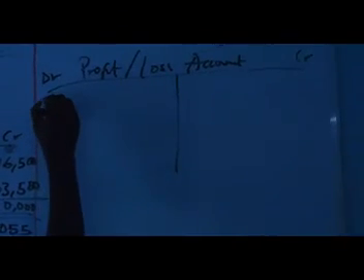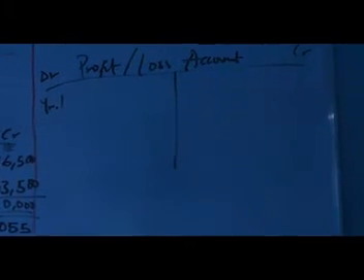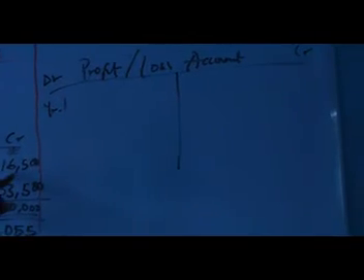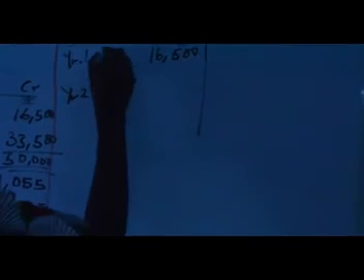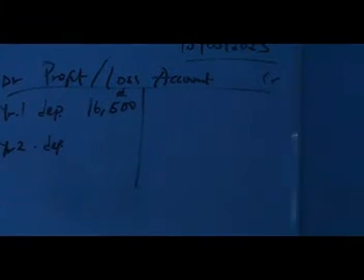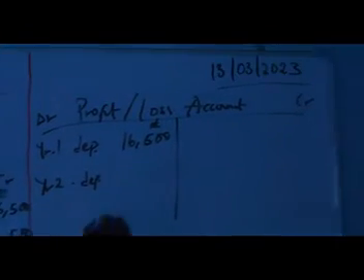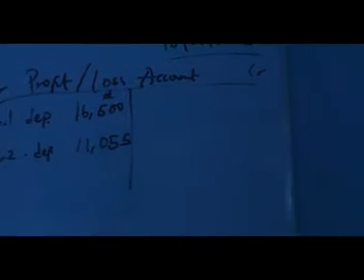Okay, that one is just easy because for every year we are charging depreciation and expenses, and expenses are debited. So for our first year, depreciation is 16,500. For the first year, we are entering 16,500. Okay, for our second year, depreciation is 11,055 naira. Okay, so we have entered that.